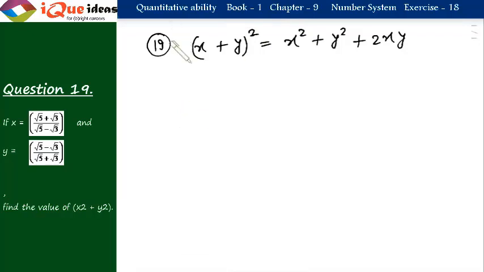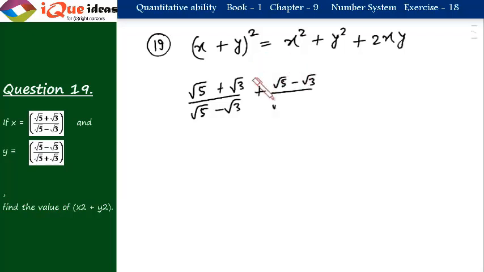In place of x, it is root 5 plus root 3 divided by root 5 minus root 3 plus root 5 minus root 3 divided by root 5 plus root 3. So we have put the values on the left hand side. On the right hand side, we keep x square plus y square as it is because we have to find it, plus 2 into x into y.